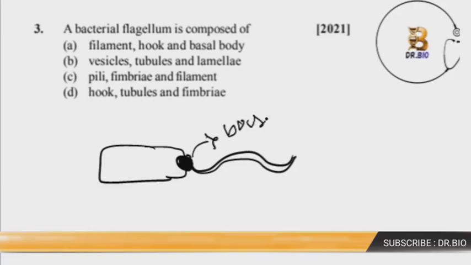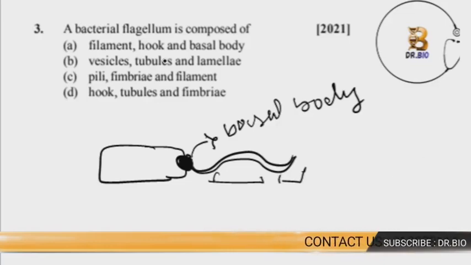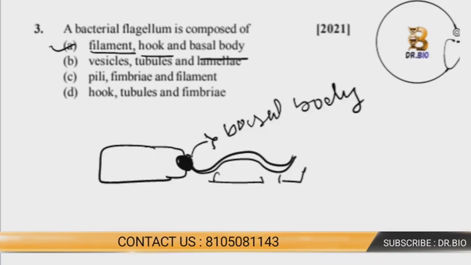Then a filament-like structure and a hook-like structure are also present. So for this question the right answer will be A. It will be containing a filament, a hook and the basal body, right?